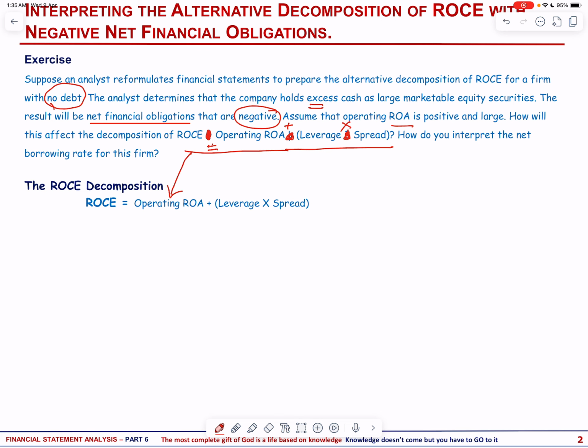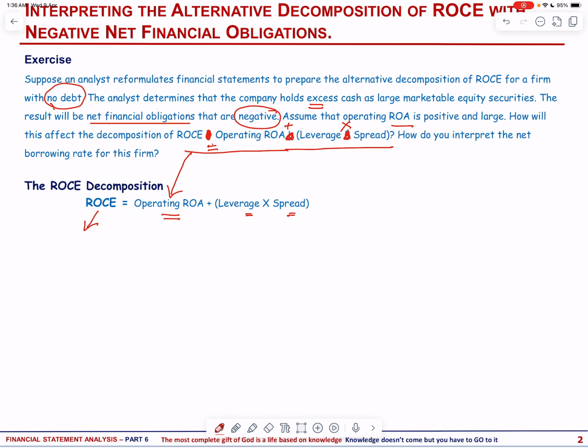Now, the return on capital employed is an important profitability metric that shows how effectively a company uses its capital to generate profits. The general decomposition of ROCE into its components can help us understand the underlying drivers of the company's performance, that is operating ROA and leverage and spread.